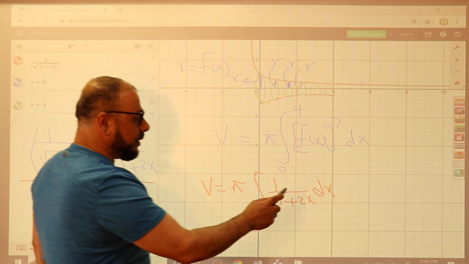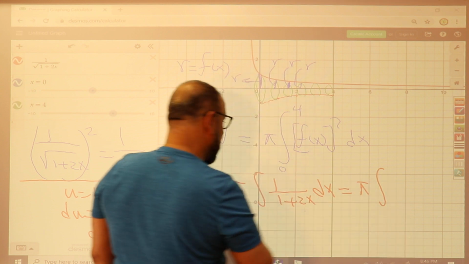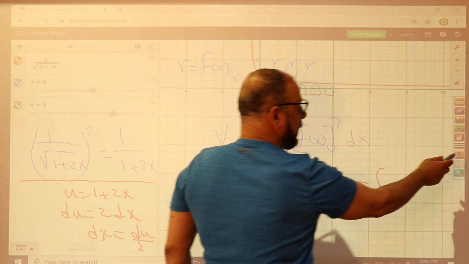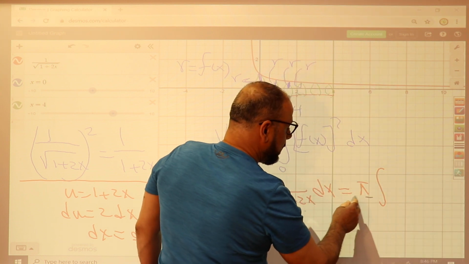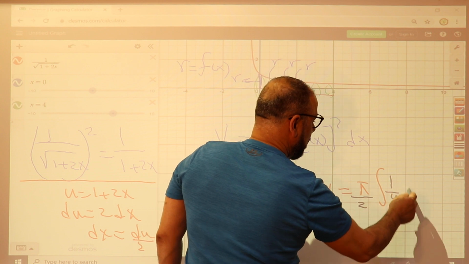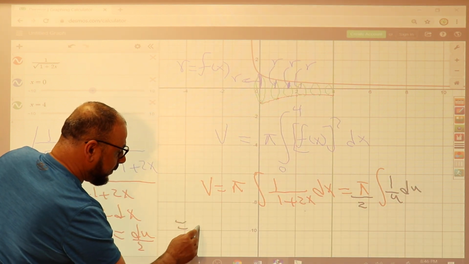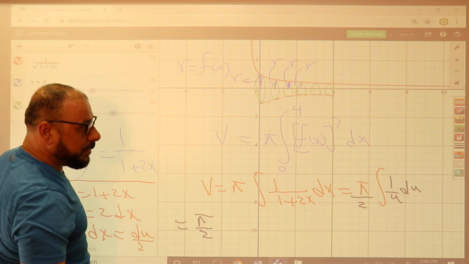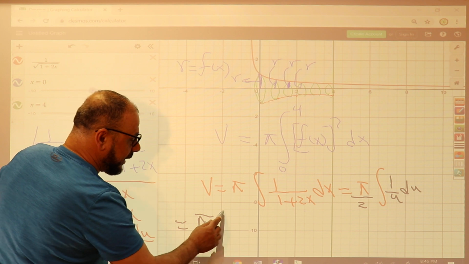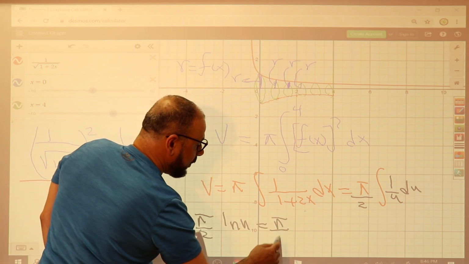And this becomes pi, times 1/2, since you can take the 2 out, times the integral of 1 over u du, which is ln u. Then this equals pi over 2 ln of u.